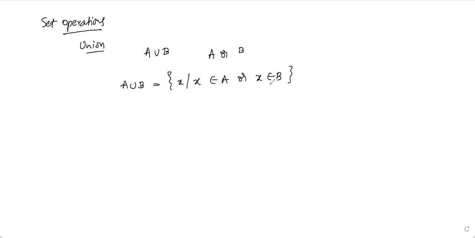Here OR is used in the sense of and/or. If you look at the Venn diagram, A and B, this is completely shaded. So this is A union B, which is shaded.